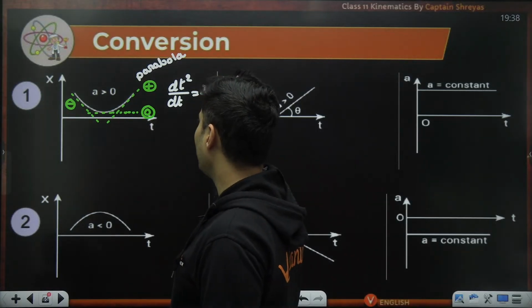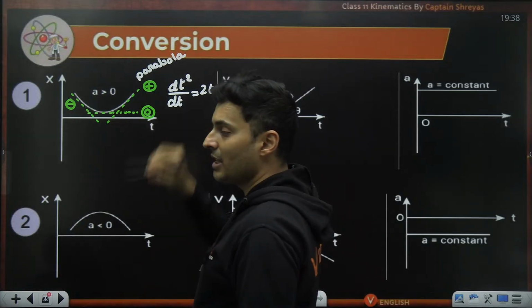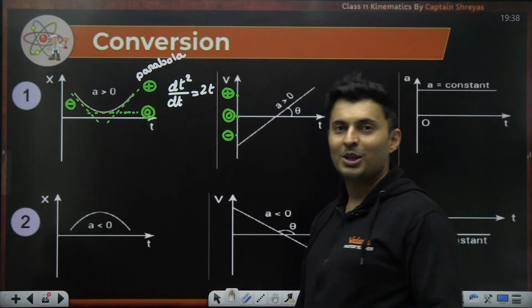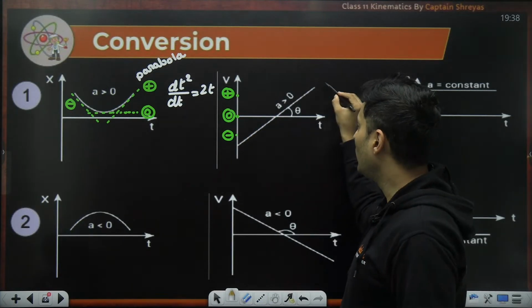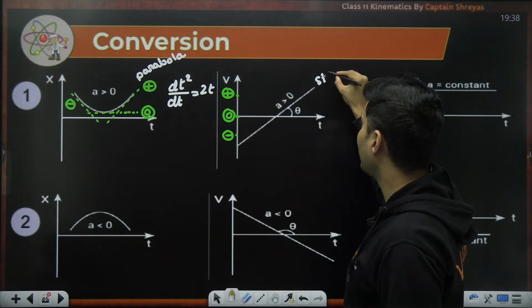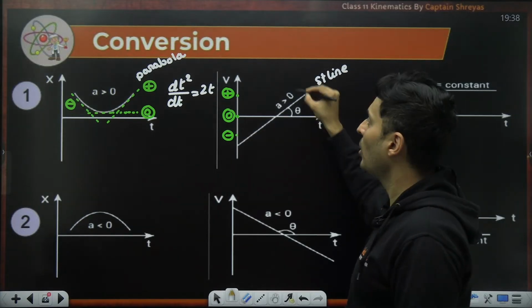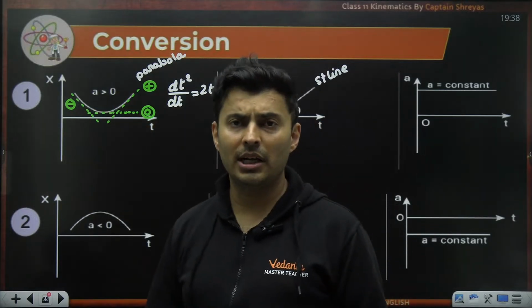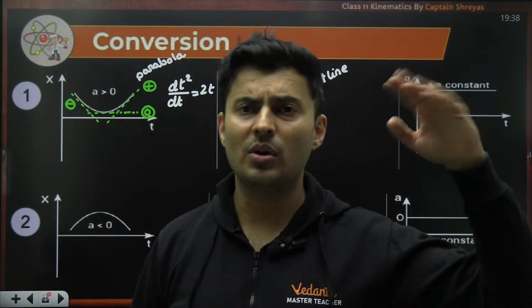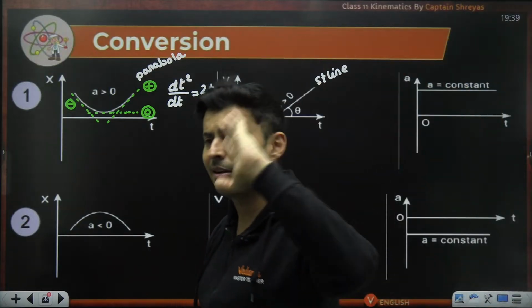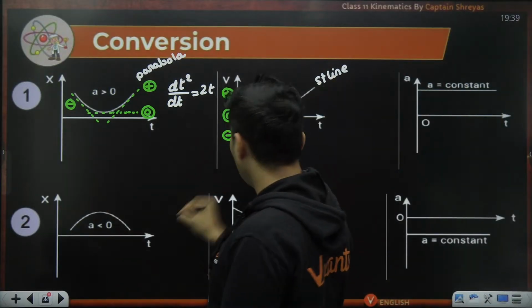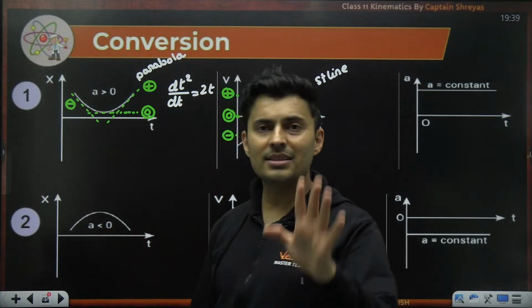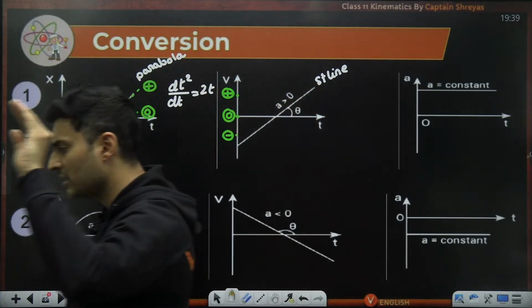So a quadratic equation will become a linear equation when you take the derivative. That is the reason why the velocity will be a straight line graph only if the curve is a parabola. If it is biquadratic, cubic, or some sin x, cos x graph, logarithmic graph, e raised to x graph, it will not be a straight line. Does that ring a bell? Does that make sense to all of you?